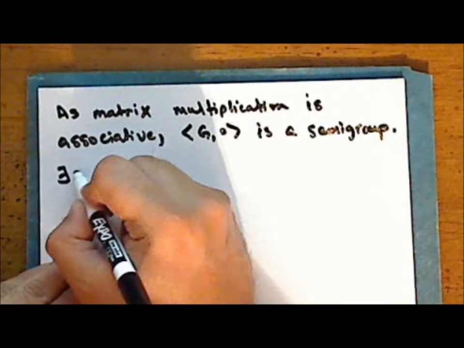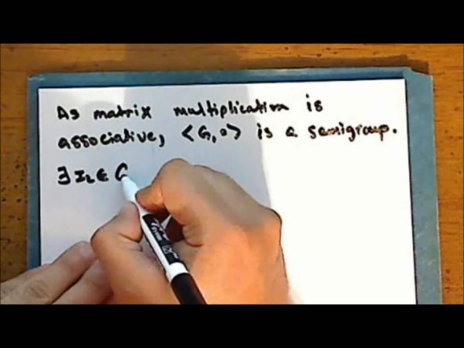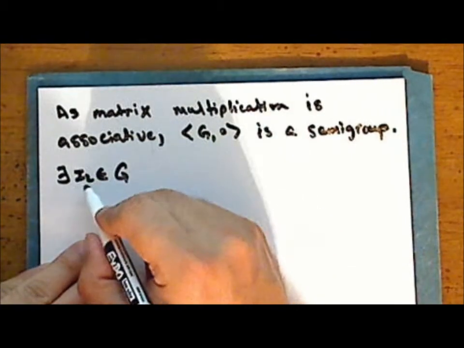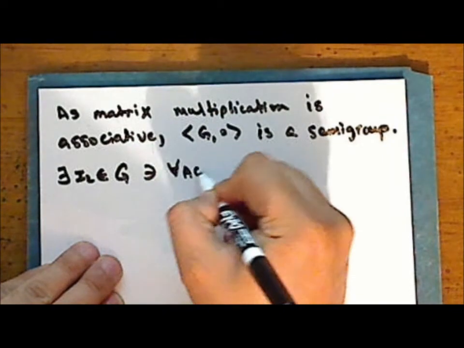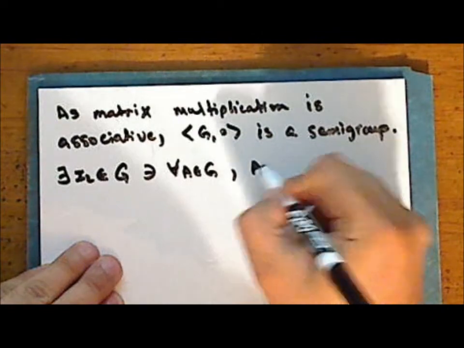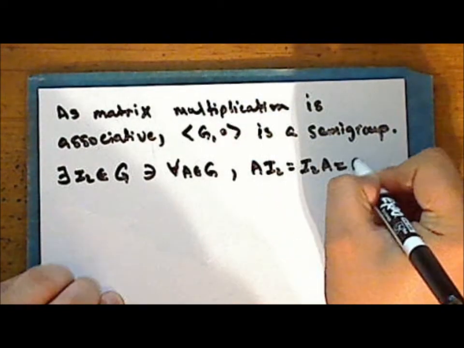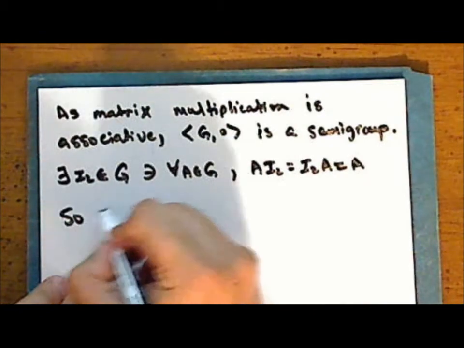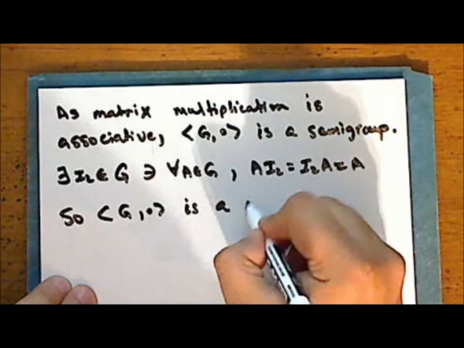Now there exists the 2x2 identity matrix, which is the identity for this group. So there exists this element such that for every matrix A in the set G, we have that A times identity is the same as identity times A, which is A. And so the set G under multiplication is a monoid.